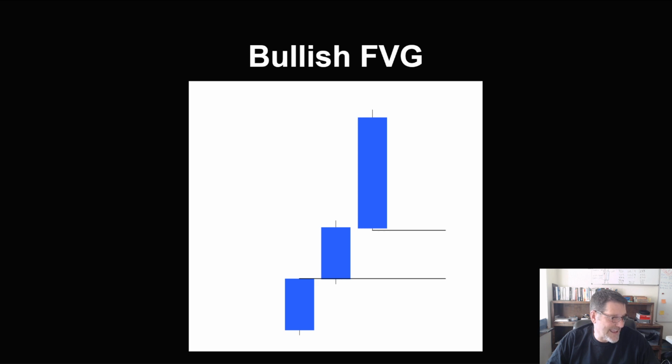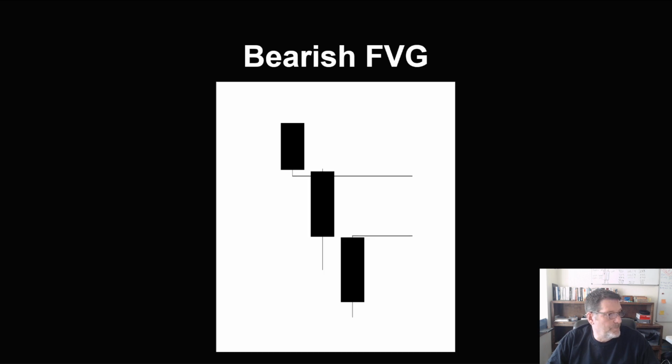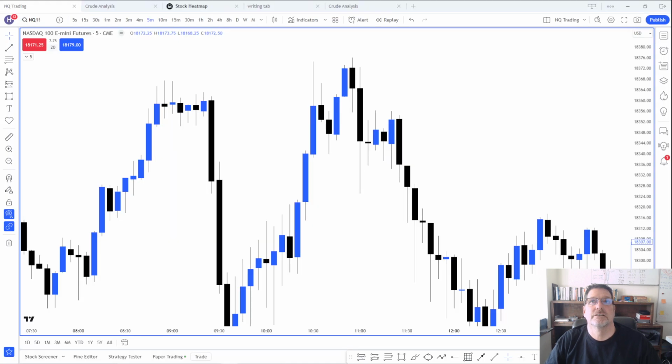It creates a gap, and that is what we call a fair value gap. A bearish example is the same thing, except this one is the lowest on the first candle does not touch the highest on the third candle. So let's go into the charts and look at a few examples so you can have a better understanding.